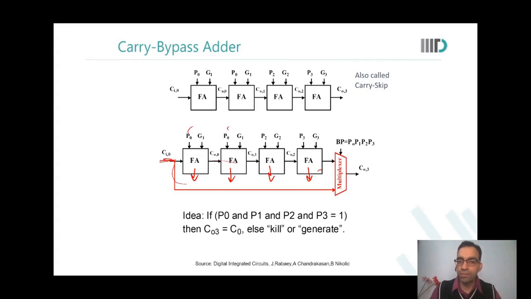Are you with me? Any questions? So we are saying if all the propagates are 1, the input carry will be reflected at the output directly. That we have studied.